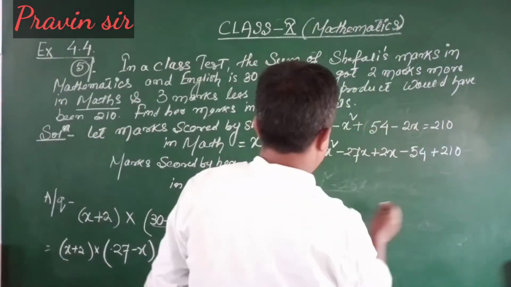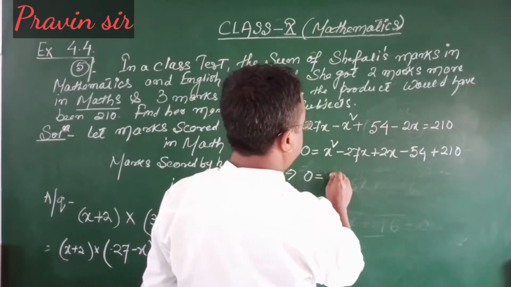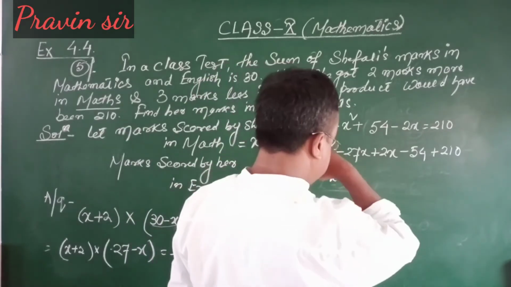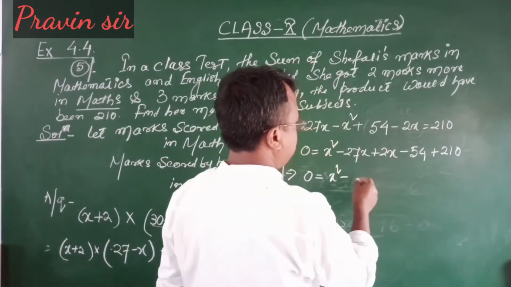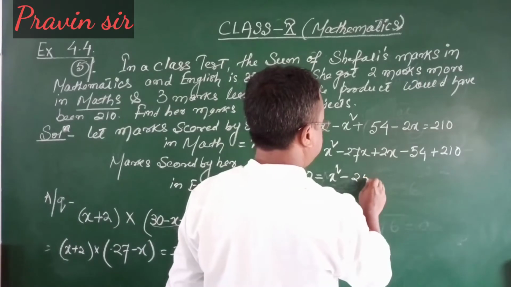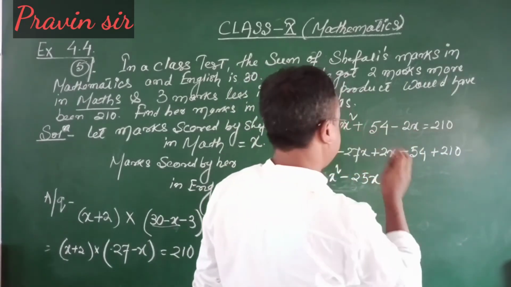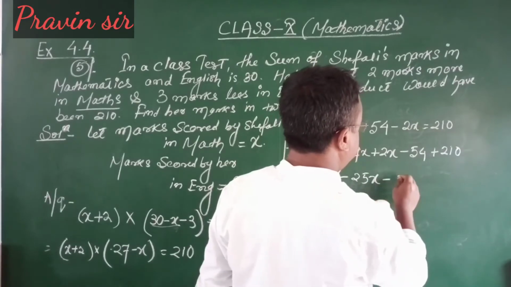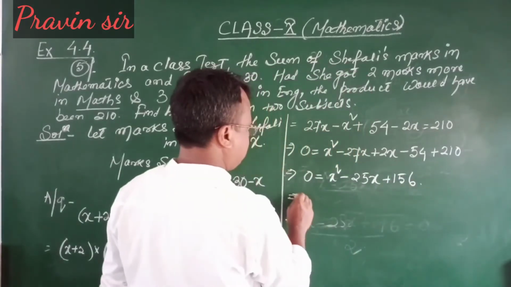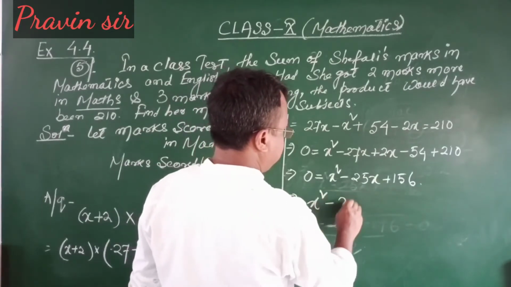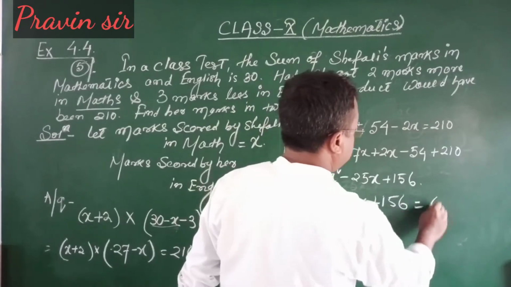Now simplify this a little bit. So 0 is equal to x square minus 27x plus 2x, it is minus 25x. Then 210 minus 54 is 156. So we can write x square minus 25x plus 156 is equal to 0.